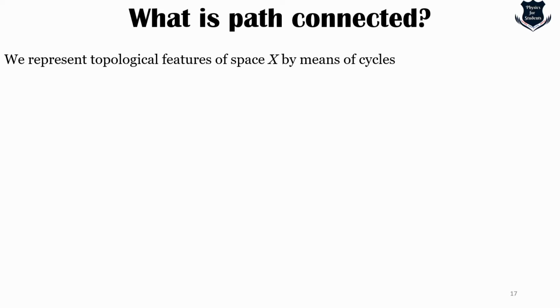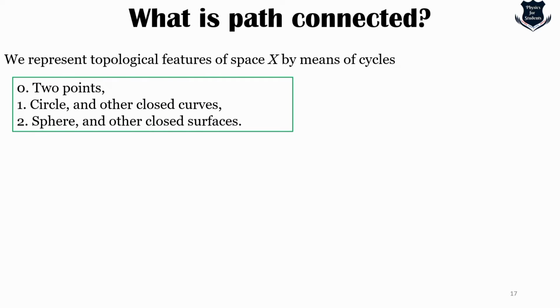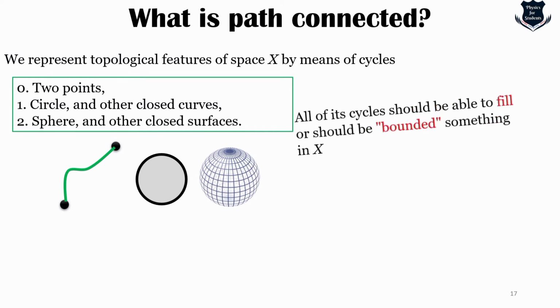Well, first of all, we represent a topological feature of space by X, and by means of cycles of dimension 0, 1 and 2. We can draw them anywhere in X, such as 2 points, circles, and other closed curves. These are a few illustrations. Two points are being connected by a line, and there's a circle and a sphere.